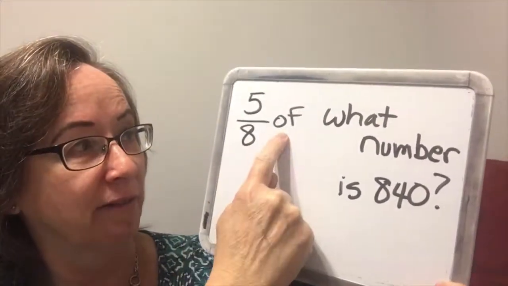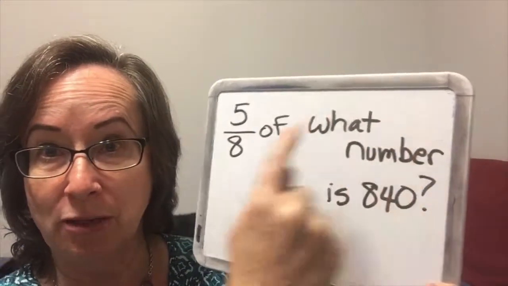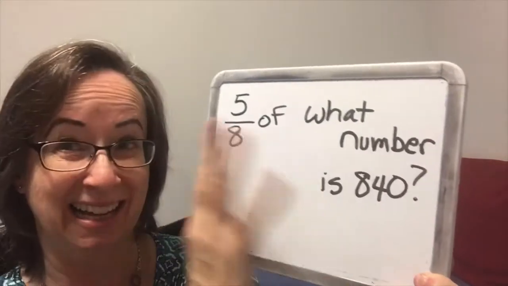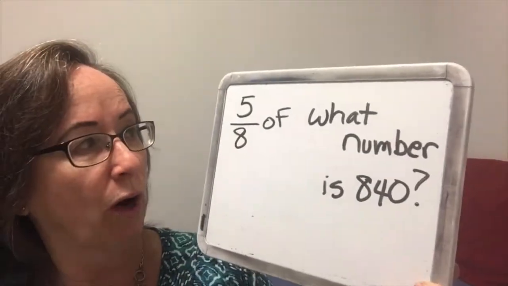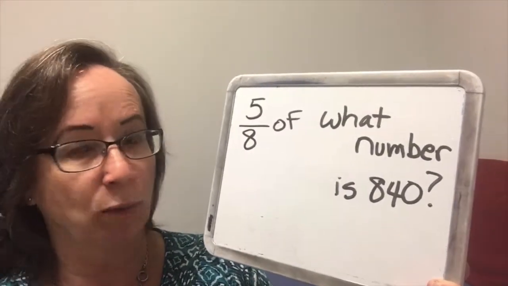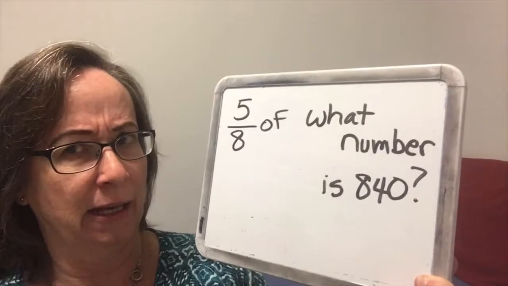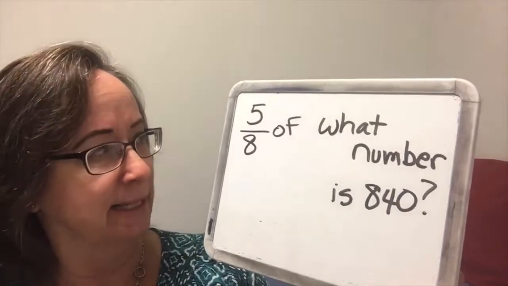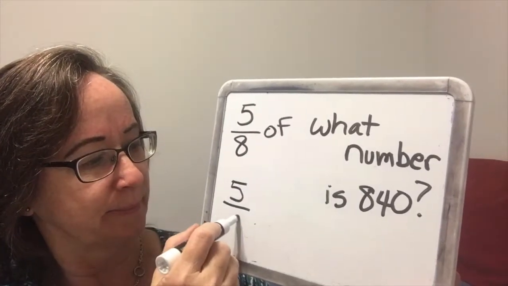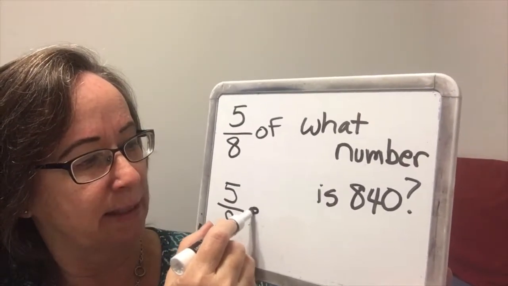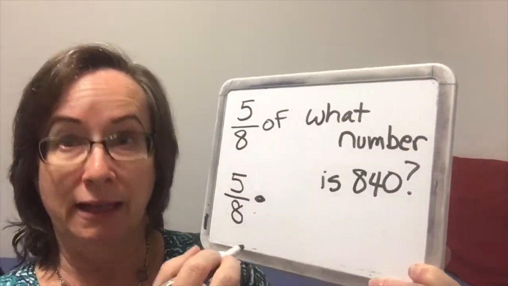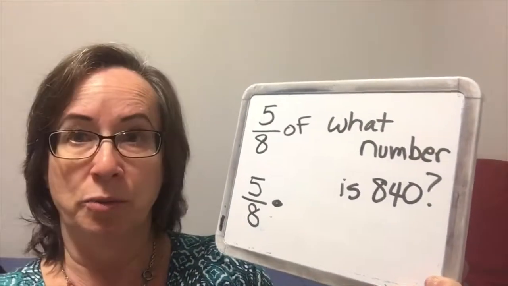All right, so 5/8 of what number, the number of gnomes that lived in the forest altogether, is 840. So that's kind of our question, isn't it? So we can look at the formula that they gave us, which was F times of equals is, and the fraction would be 5/8 times the of number, which is going to be the number of total gnomes in the forest.